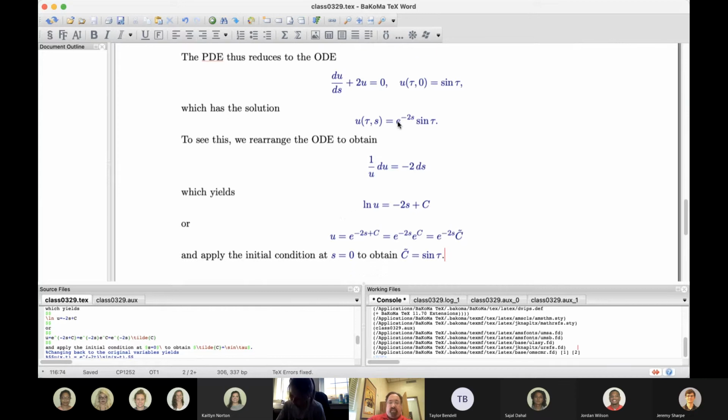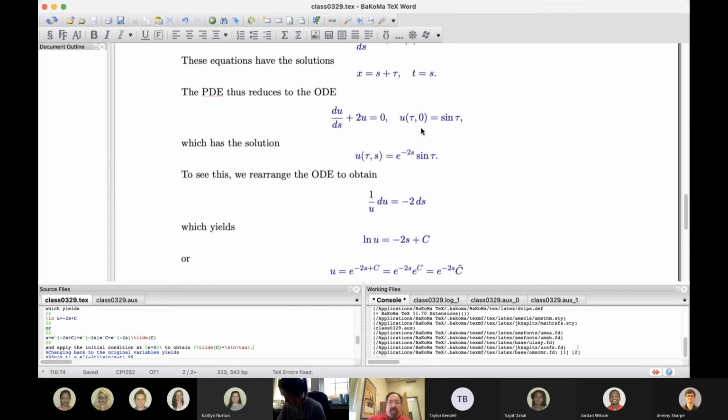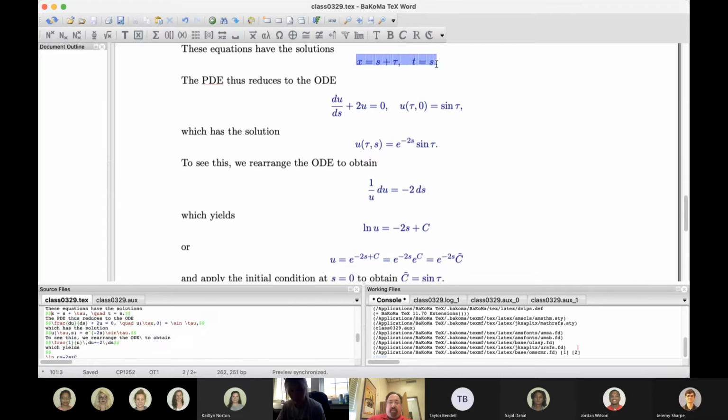So that's where this solution comes from. So now we have a solution, except it's in the wrong variables. It's in terms of s and tau. So what we need to do is go back and express s and tau in terms of x and t.